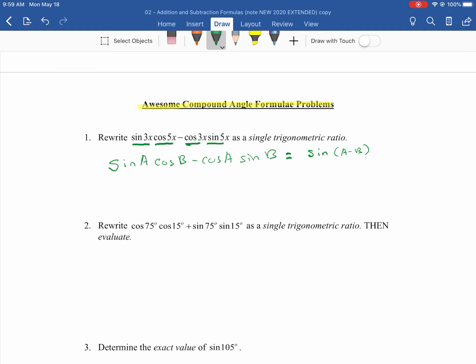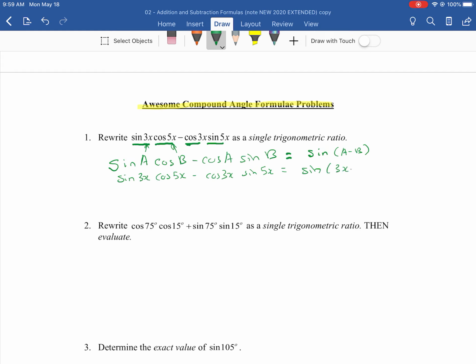Now, once I do that, if you can see in my problem, now I'm going to switch the focus to my problem, is that I've established that exact pattern. You see, the A can be the 3x, and the B can be the 5x. That all lines up nicely now. And what I get is, that means that sine of 3x cos of 5x minus cos 3x sine of 5x, which is exactly what they're asking for, that's going to come out to, okay, well, on the right-hand side of that formula, I got A minus B. My A was 3x.